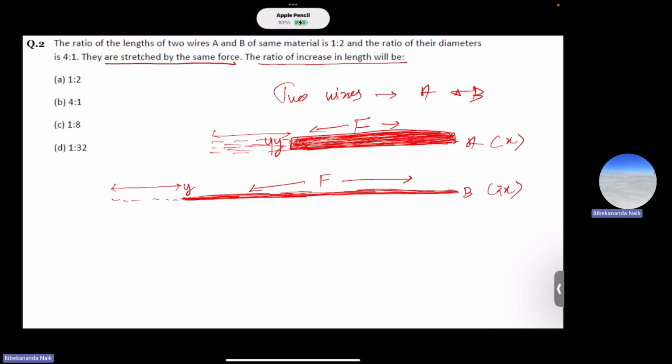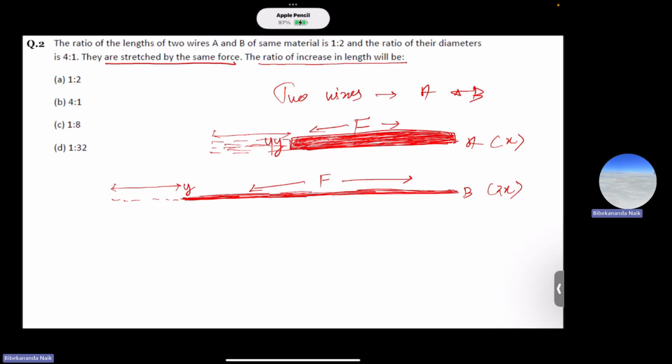So now this question is related to the modulus of elasticity, because when you are applying force, the wires will be stretched, and the relative change in the length will only be calculated by using the concept of modulus of elasticity.